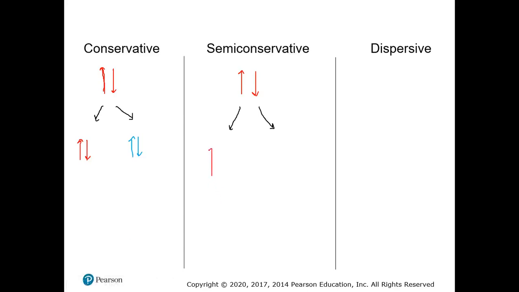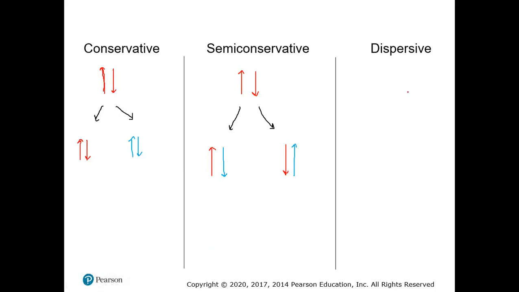So we're going to see one parent strand for each, and we are going to use that parent strand as a template to create our new daughter strand, just like so. So you'll see for our two daughter strands, they are each half old, half parent, and half new. So that's why we're calling it semi-conservative.